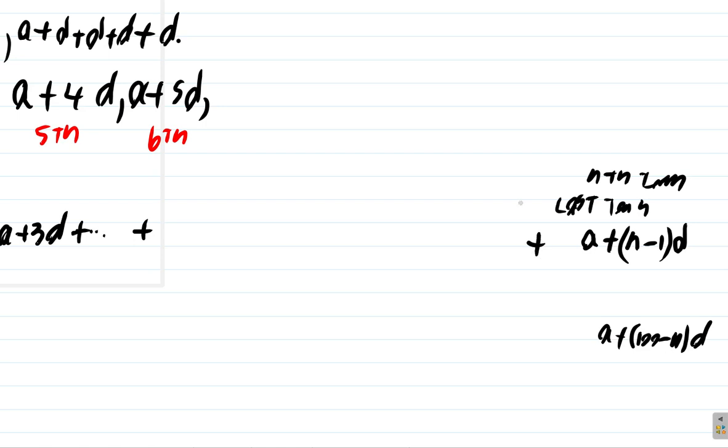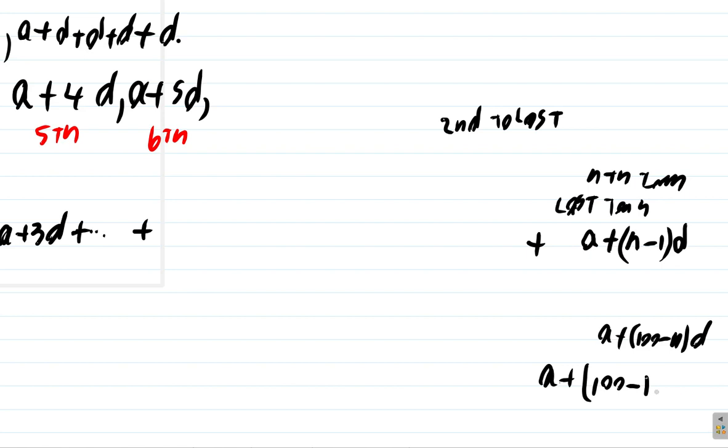Alright. Let's go back. Plus second to last. What would be the second to last term? If the last term was A plus 100 minus 1D, the second to last term would be A plus 100 minus 1.